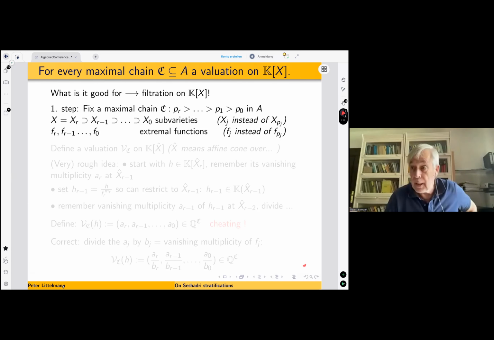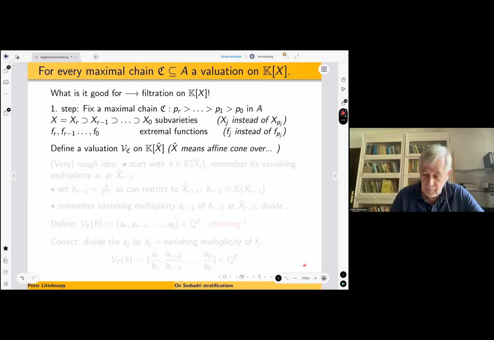Okay, so let's start and fix a maximal chain of elements in A. Then I get a flag of subvarieties. Just to simplify the notation, let's forget about the P's and just take the indices. We also have a collection of extremal functions. Now I define the valuation as follows.